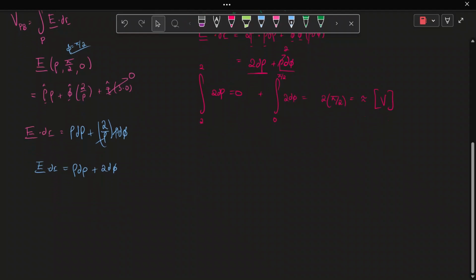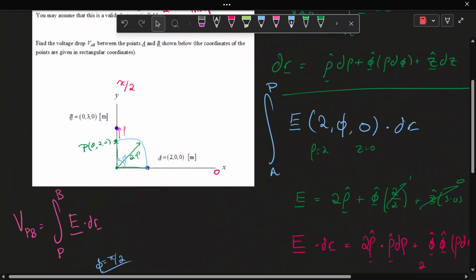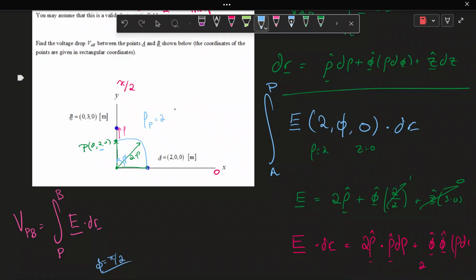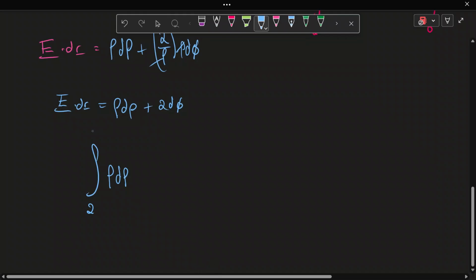So now, the integration from point P to point B for rho d rho: rho at point P is equal to 2, the radius of our circle, and rho at point B is equal to 3, which is the distance, again, from the origin. So we're integrating from 2 to 3.